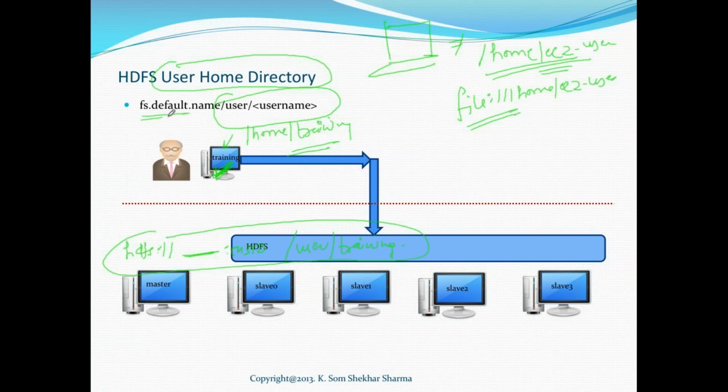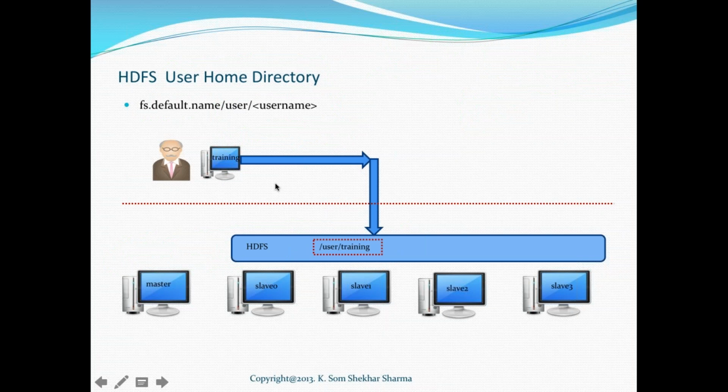In other words, fs.default.name plus /user/username. So that's the home directory of the training user on HDFS. Similarly, if you want to create the home directory for a dev user, it would be /user/dev.